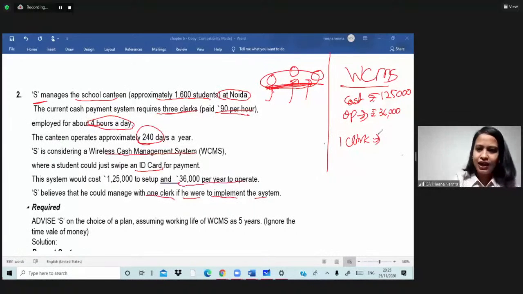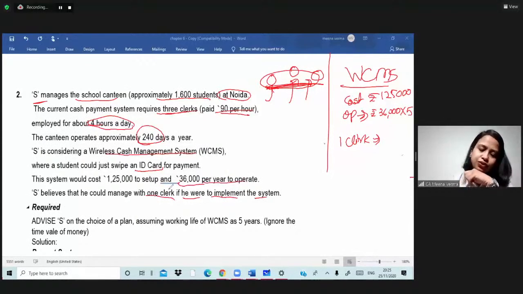The life of the machine is 5 years, so this will operate and give you benefit for 5 years.